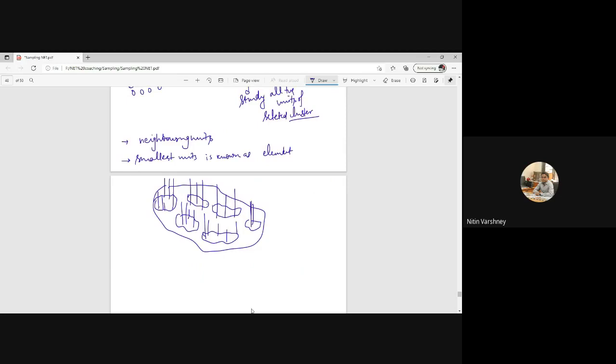I can say that clusters are homogeneous within and heterogeneous between.